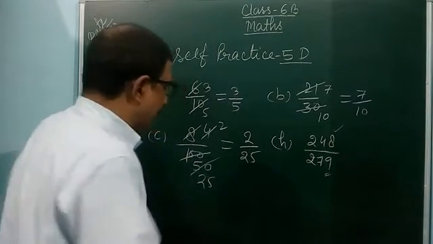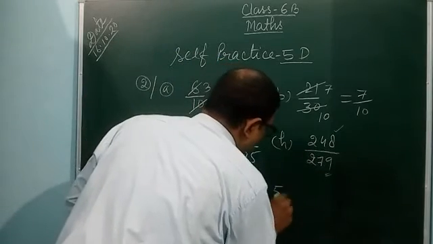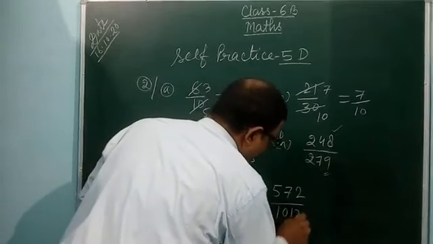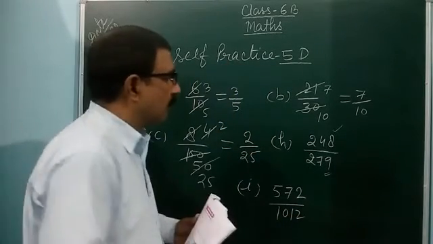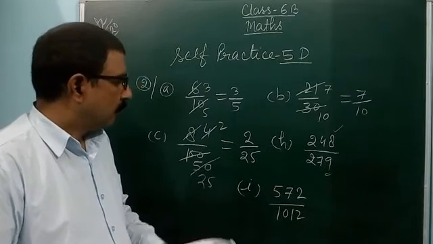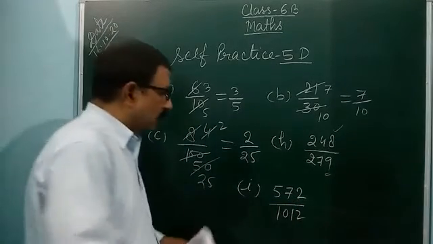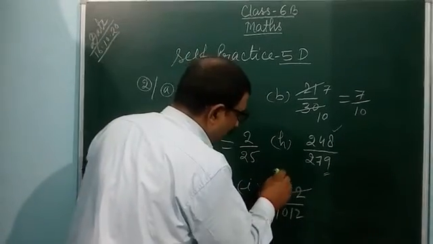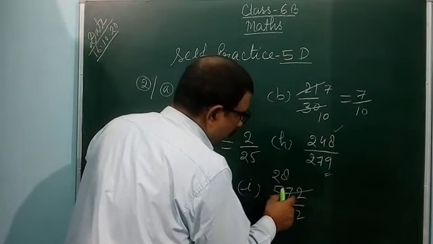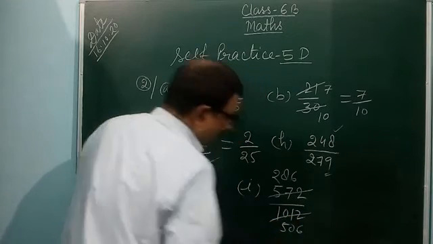Question number I, 572 by 1012. You can see both one's places are even numbers, so you can divide by 2. 2 2s are 4, 2 6s are 12... 572 by 2 is 286, and 1012 by 2 is 506.